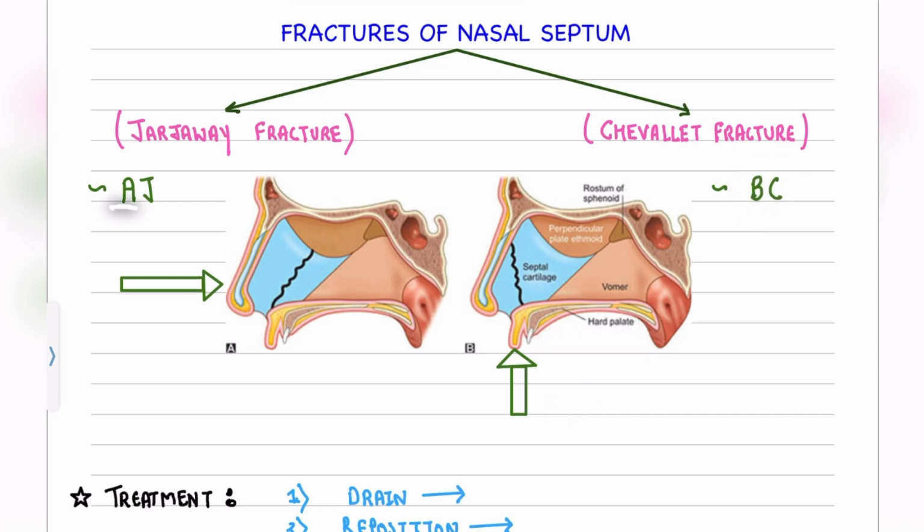Thus, anterior blow, Jarjavay fracture. Blow from below, Chevalier fracture. If the blow is coming anteriorly, the Jarjavay fracture is more horizontal, and if the blow is coming from below, the Chevalier fracture is more vertical in nature. Now just remember AJ and BC and you will be sorted.